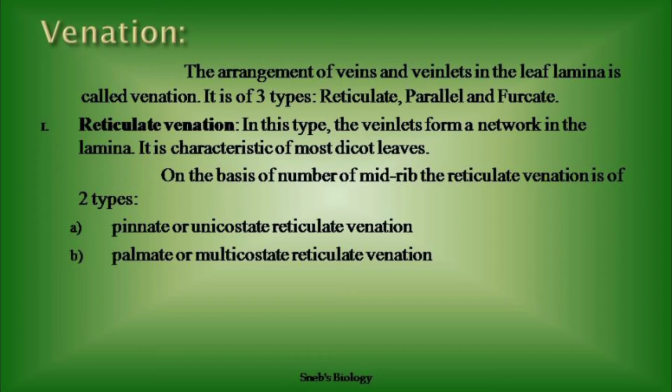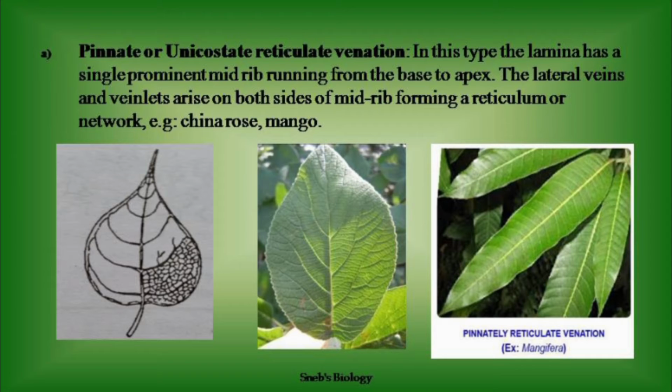Reticulate venation is further divided into two categories on the basis of the number of midribs. First is unicostate reticulate venation. If there is one main vein or midrib and multiple branches, then it is known as unicostate venation.